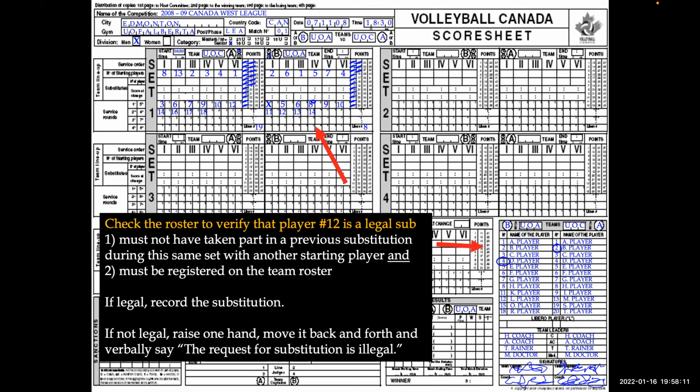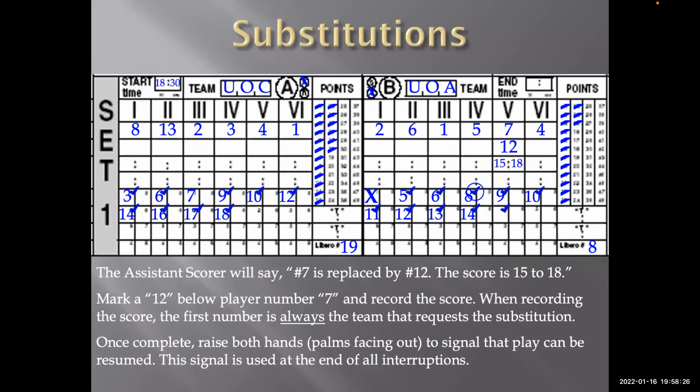The first thing you're going to do is make sure that they're on the roster and recorded. Then you're going to let it go. The referee will let them go onto the court. If you have an assistant scorer that is talking to you, they'll say something, or you can instruct them to say something similar to 7 is replaced by 12, the score is 15-18.